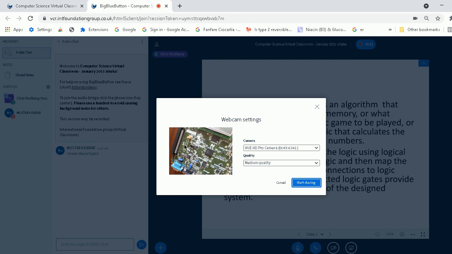And this is quite an inexpensive development board. It doesn't cost very much to buy, but it's great for developing your understanding of computers and computer science and hardware.